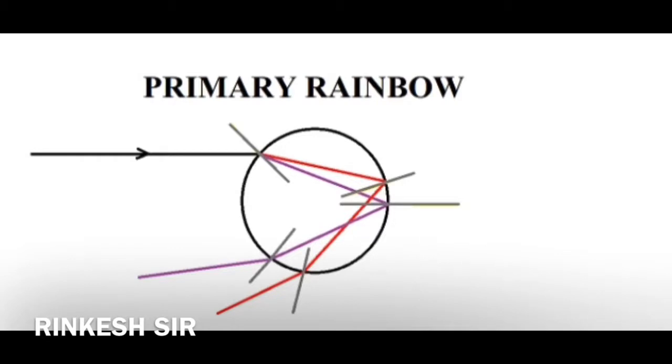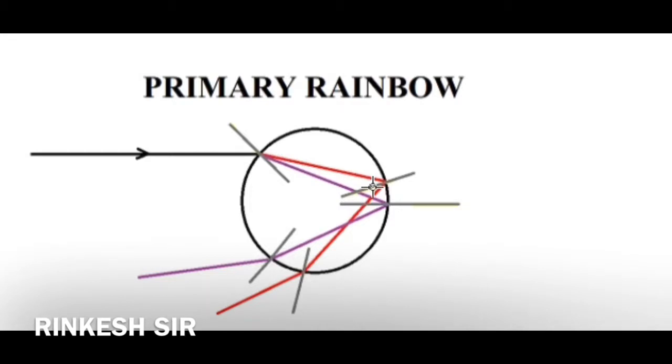Next, these component rays strike the inner surface of the water drop and get internally reflected. You can see here they strike on this inner surface and they get internally reflected. Now this is the normal, and this angle of incidence will be greater than the critical angle.